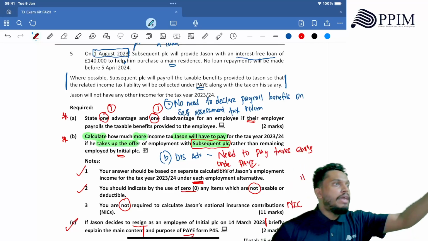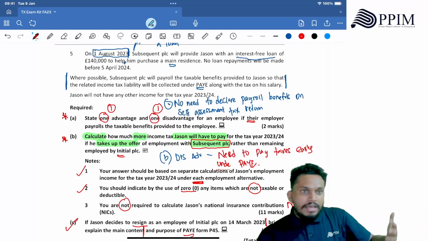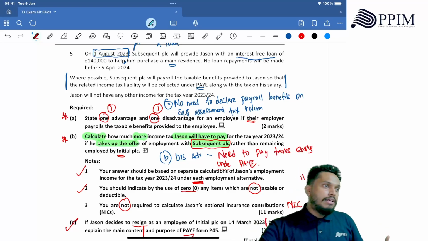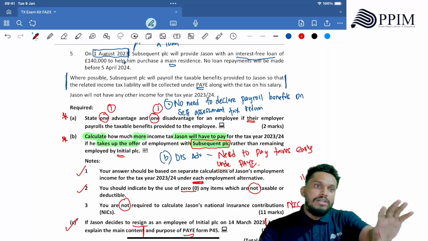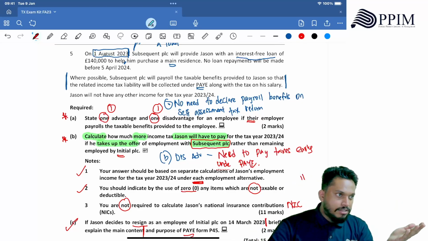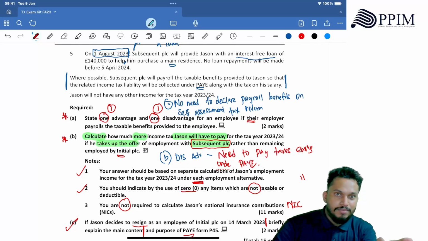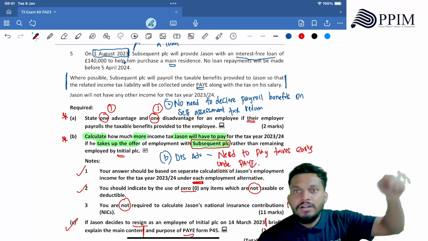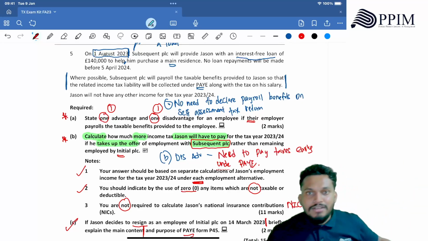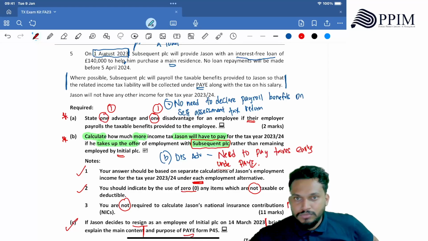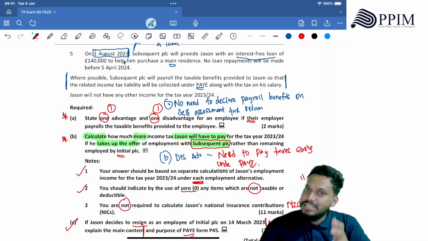Now you know the disadvantage. If you are not paying early, you can accumulate that money and pay it later. You are losing that chance. Technically, think of inflationary pressures: 100 rupees today and 100 rupees 5 years later is different. There won't be massive changes, but still it's a disadvantage for you.